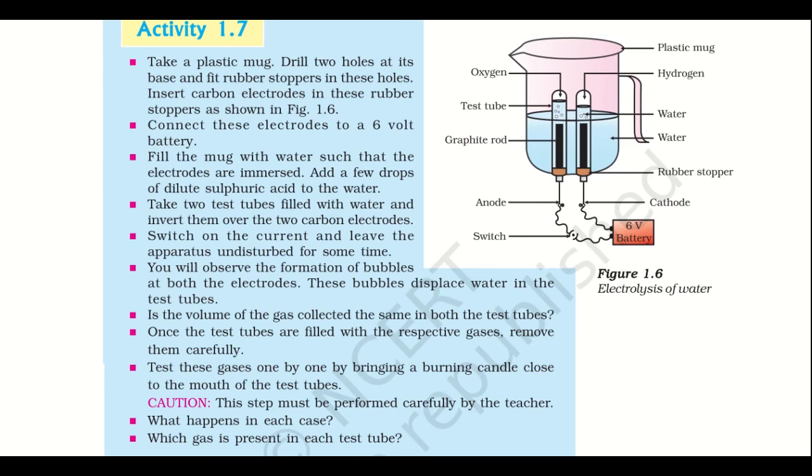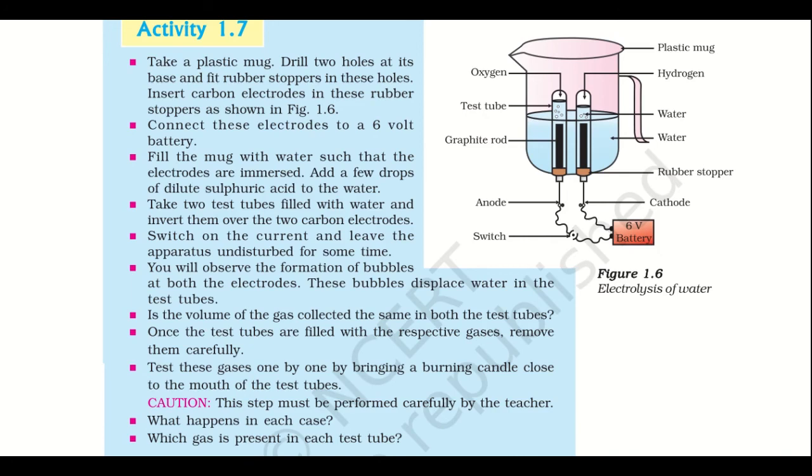If you observe carefully, oxygen would be collected at the positive rod and hydrogen at the negative rod. As you can see in the diagram, the graphite rod immersed on the anode side collects oxygen, while the rod connected at the cathode side collects hydrogen.